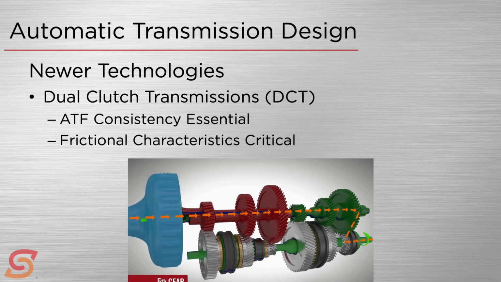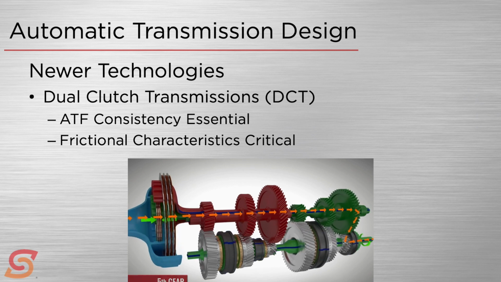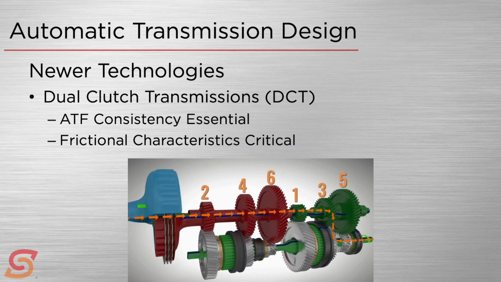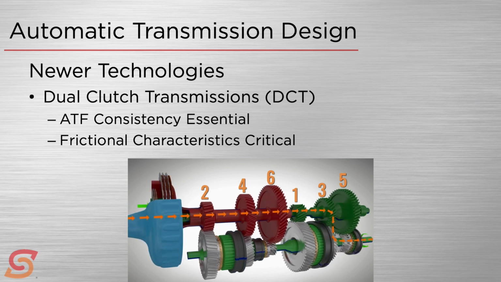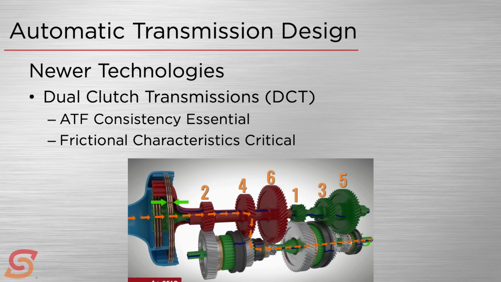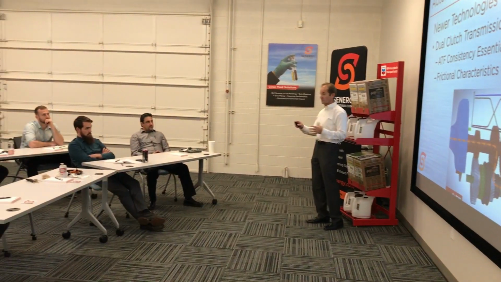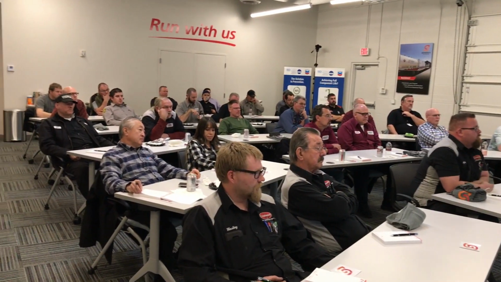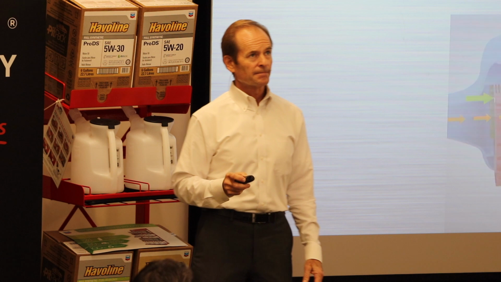Frictional characteristics are even more critical than in a regular transmission fluid. Okay, so these are often specialty. The lubricants involved in DCTs are often special part numbers, which if you've dealt with these, you probably already know that. Okay, so DCTs are one of the newer technologies to pay attention to in the world of transmissions.